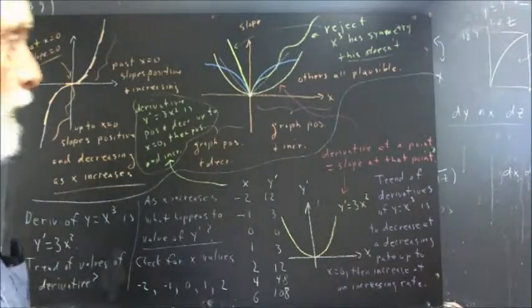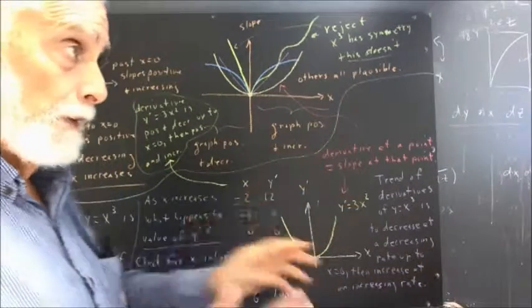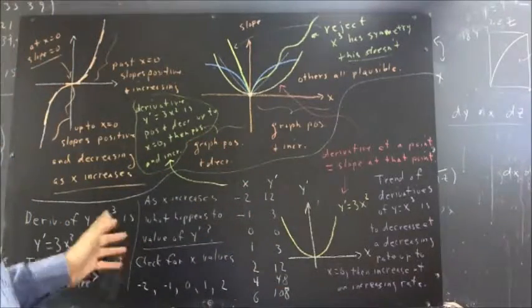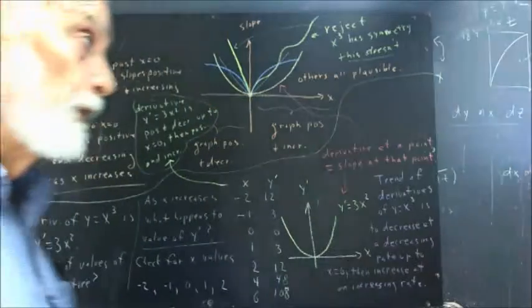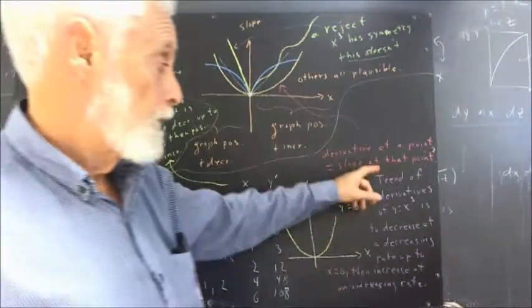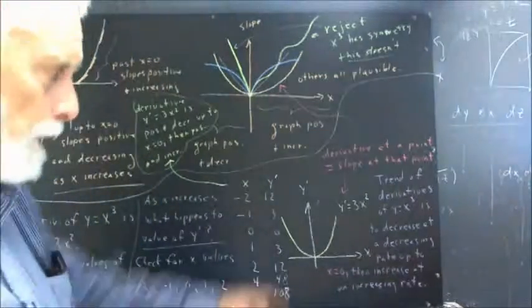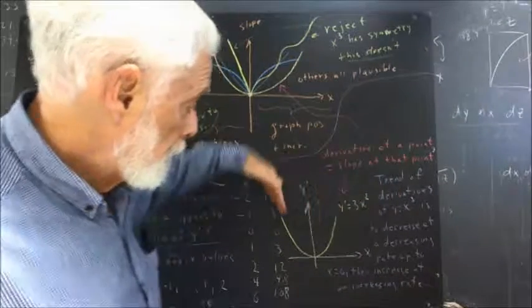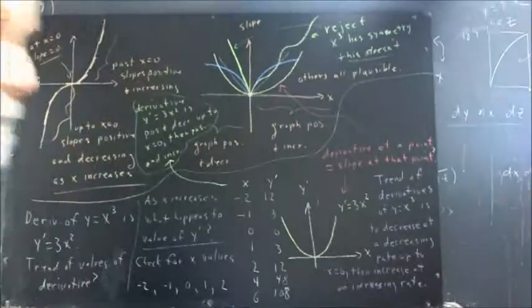Again, re-emphasizing the fact that the derivative and the slope have this very close identity. And then there's another statement that I made over here. Another way of talking about the trend of the derivatives is that the derivatives decrease. Well, I actually talked about that one a minute ago, didn't I? Decreasing at a decreasing rate, then increasing at an increasing rate.